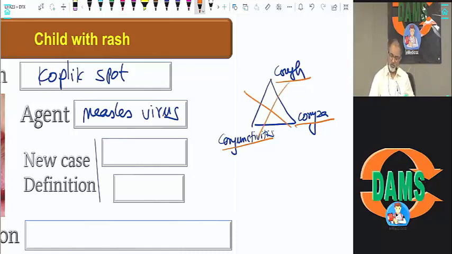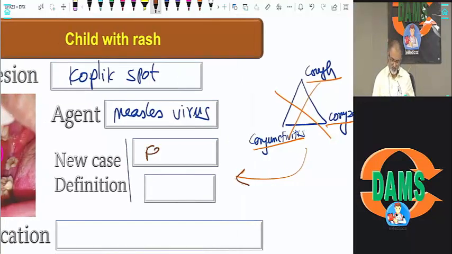This was old. What is the new one? Very simple: fever with rash. The new case definition is fever and just rash. Old one CCC, new one fever and rash.